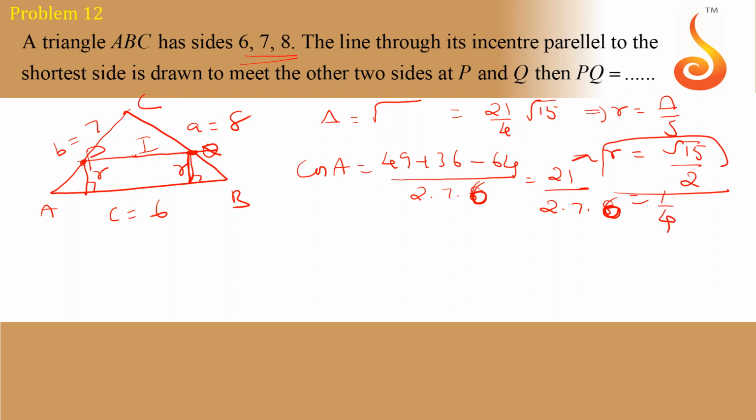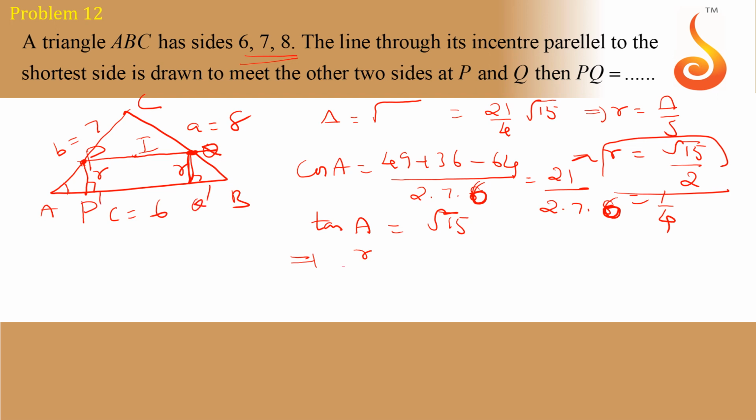So when cos A is 1 by 4, what will be the tan A by trigonometry? Cos A means adjacent by hypotenuse. So opposite will be root 15. So tan A will be root 15 by 1, which is root 15. But in this triangle, if you observe tan A, you name this point as some P dash and this is some Q dash.